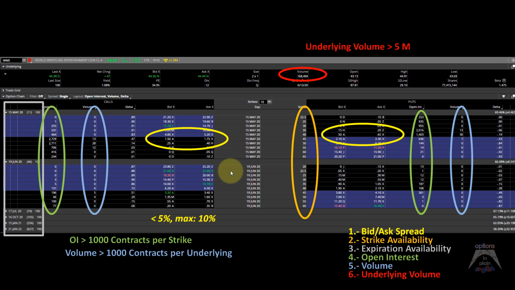Then you're going to have to absorb those costs into your returns, and it's going to be much harder for you to make money. So again, do not trade illiquid options. Do not trade options on illiquid underlyings.